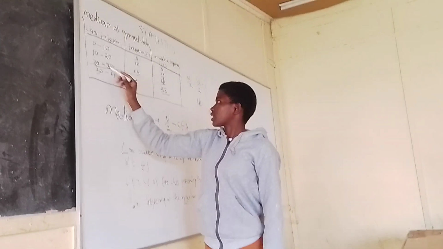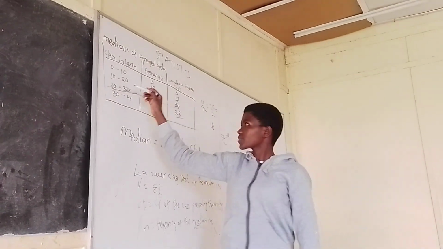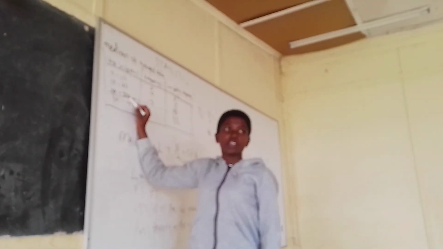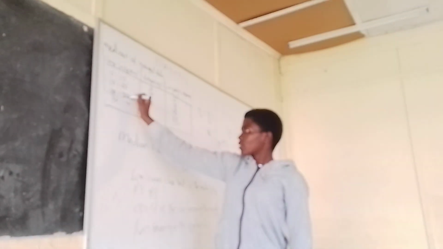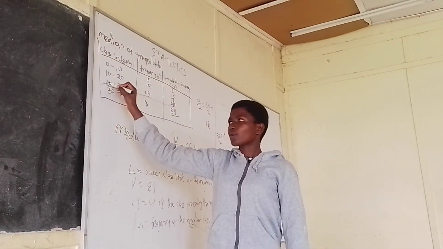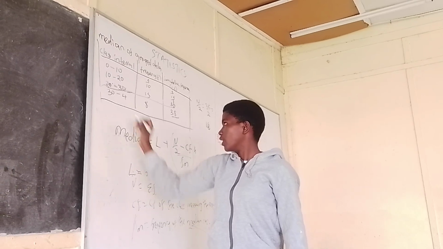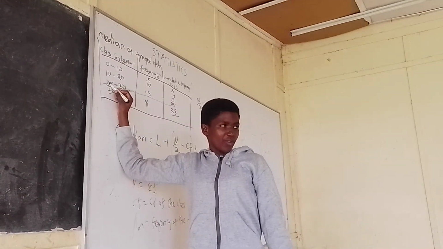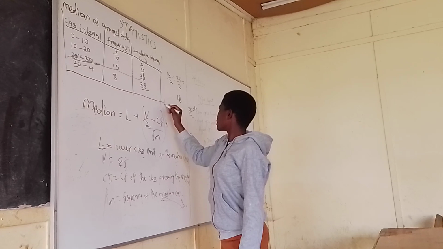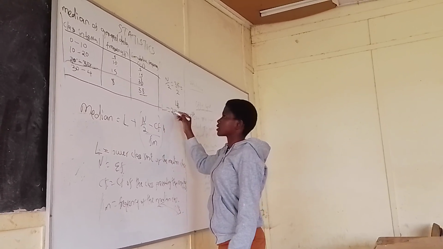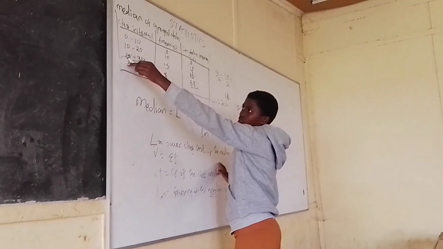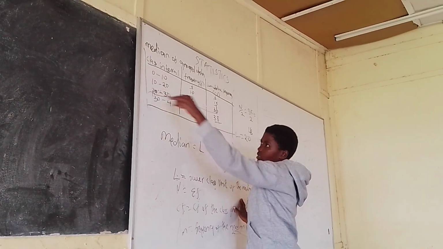The upper limit is 30, and the lower limit is 20. So L is 20.